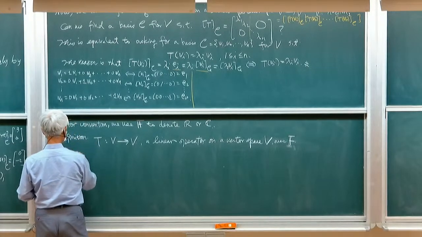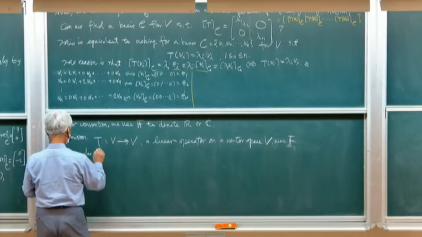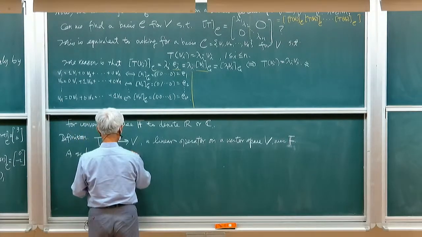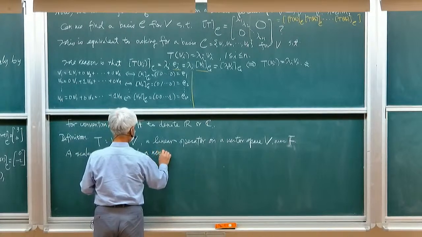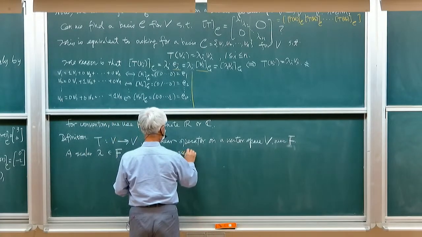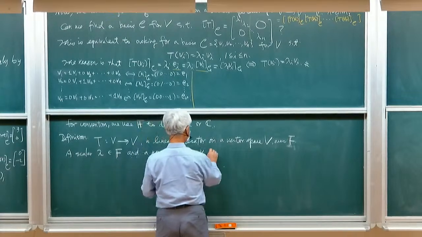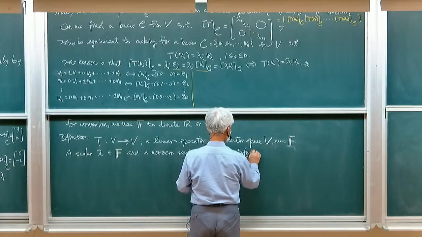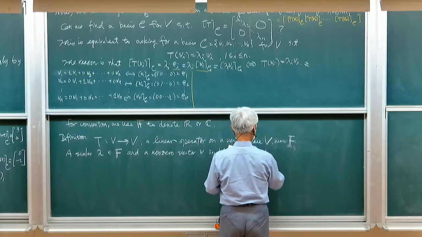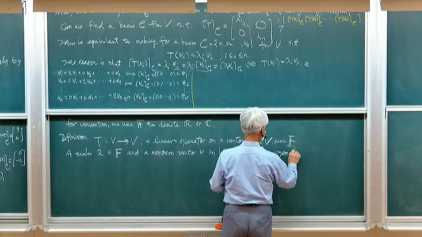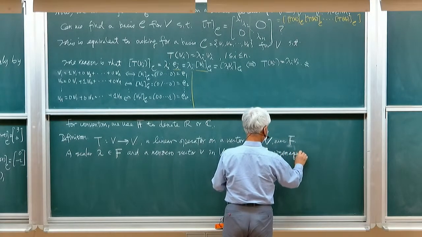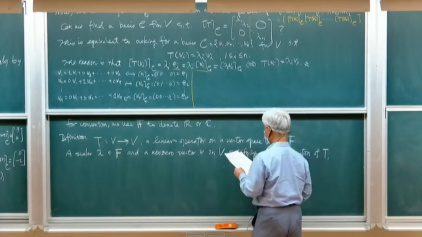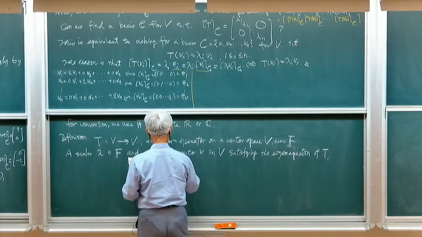Now, a scalar lambda in F and a non-zero vector V in the vector space V satisfying the Eigen equation of T. The Eigen equation of T is called this one.